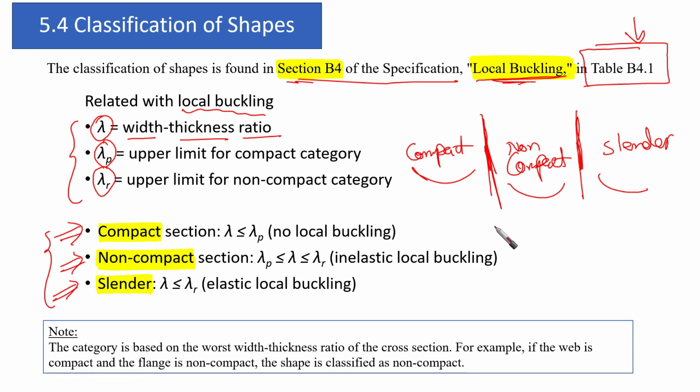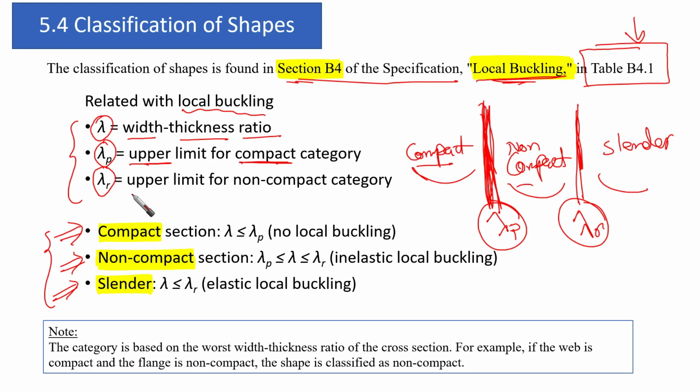The first limit is going to be lambda p, which is related to the plastic, for example, which is differentiating between compact and non-compact. And between non-compact and slender, we are going to put lambda r. So lambda p we call the upper limit for the compact category, and lambda r is the upper limit for the non-compact category. After that, it is going to be slender.